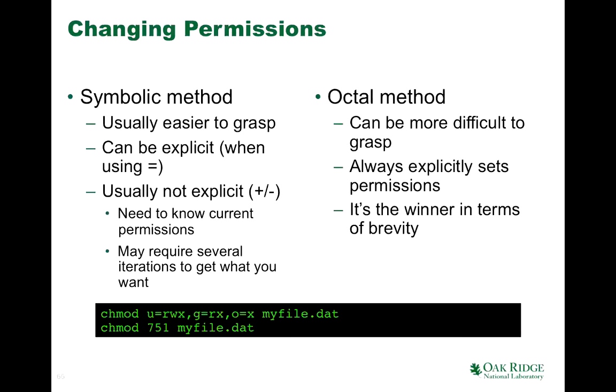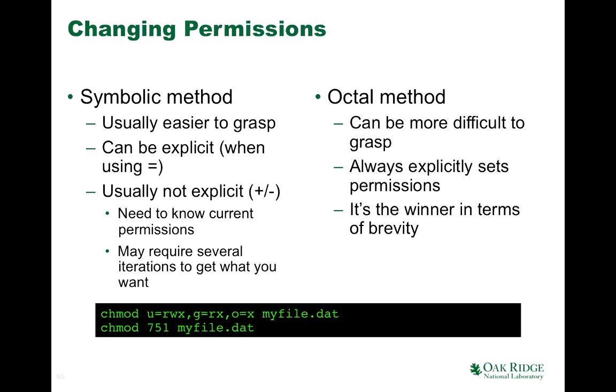Again, the symbolic method can be a little bit easier to grasp. You can set explicit permissions if you use the equal sign. Otherwise, if you're using plus or minus, it is not explicit. So you kind of need to know what the permissions are so that you know what to add or subtract based on whatever your operation is doing. For the octal method, it is a little bit more difficult to understand, but it always explicitly sets your permissions.